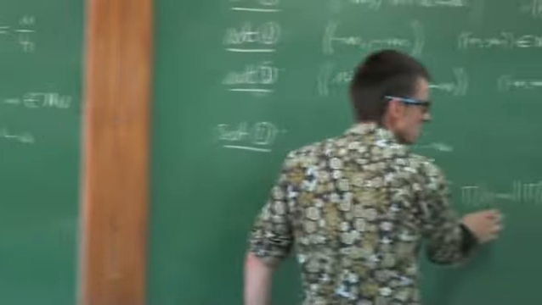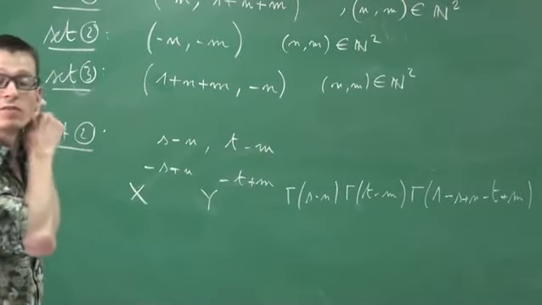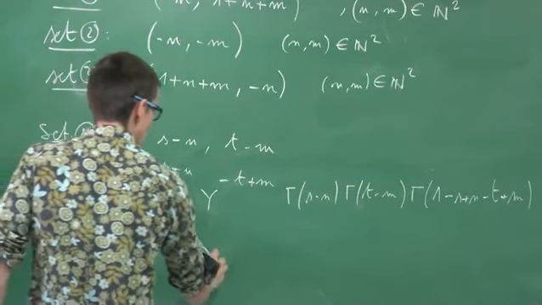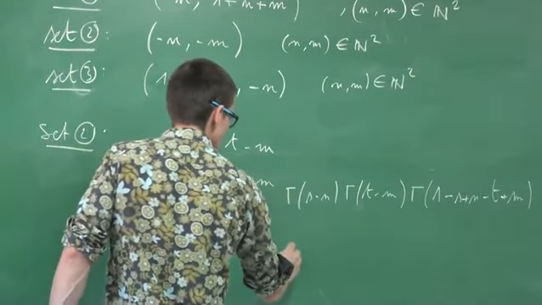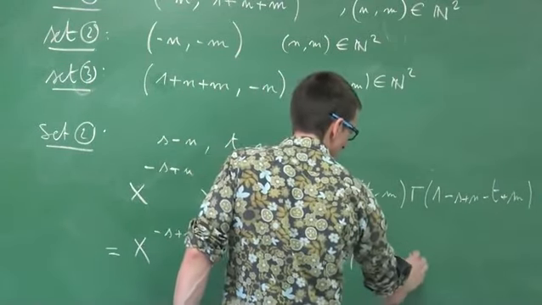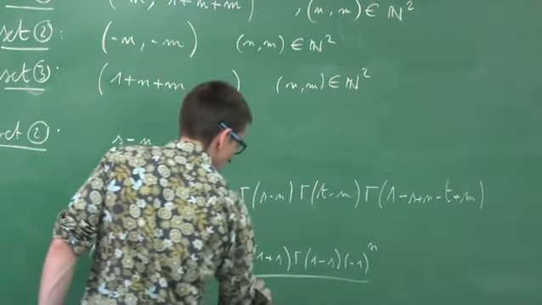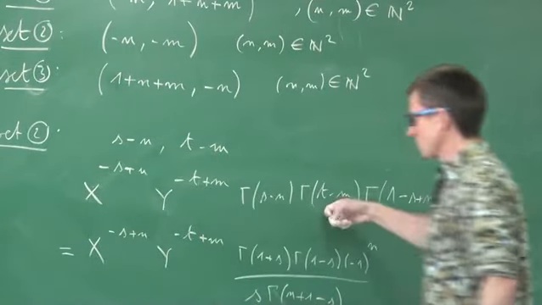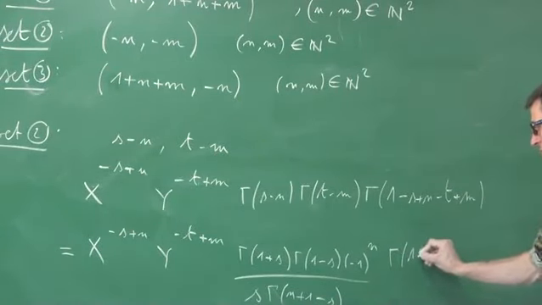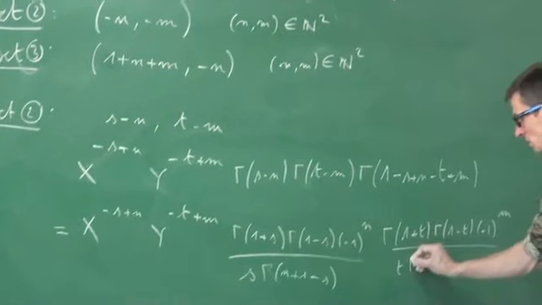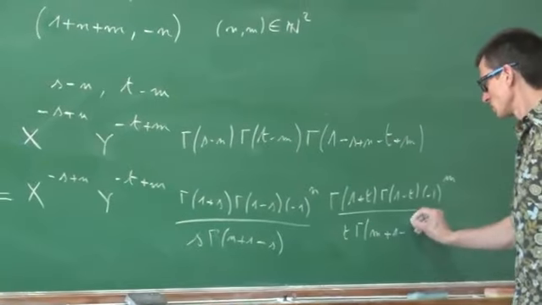So, we write here the reflection formula as gamma of 1 plus s, gamma of 1 minus s, minus 1 to the power n, divided by s, gamma of n plus 1 minus s. We do the same for t: gamma of 1 plus t, gamma of 1 minus t, minus 1 to the power n, divided by t, gamma of n plus 1 minus t.